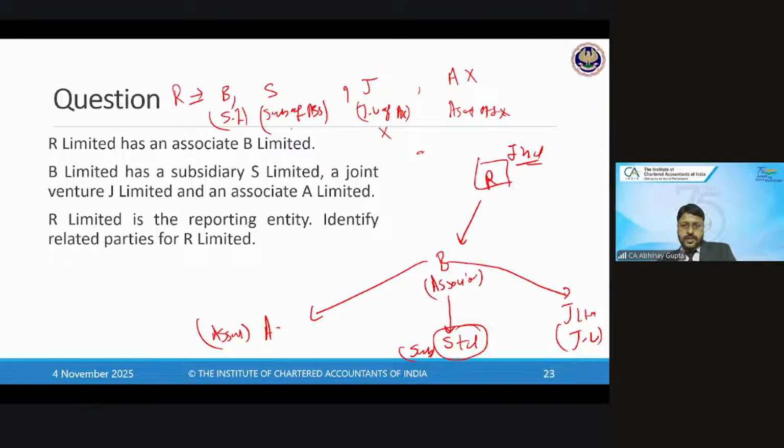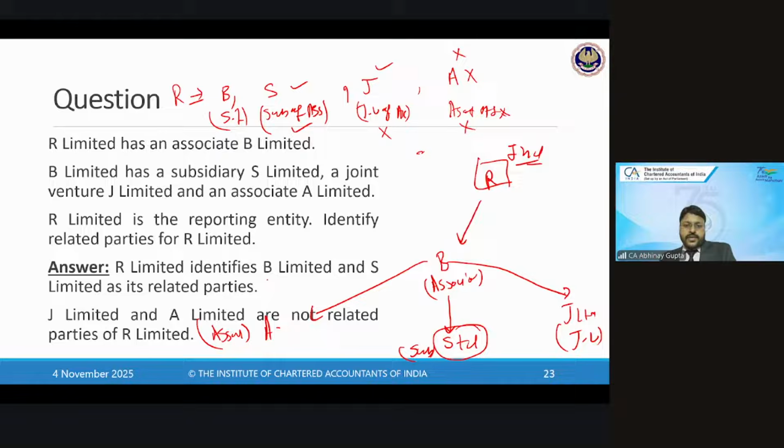So one answer is subsidiary and JV are covered, but not the associate. Another answer is subsidiary is covered, JV is not covered, associate is not covered. Anybody for subsidiary now? For subsidiary, everybody is agreeing. Yes, sir, associates' subsidiaries are covered. Okay.